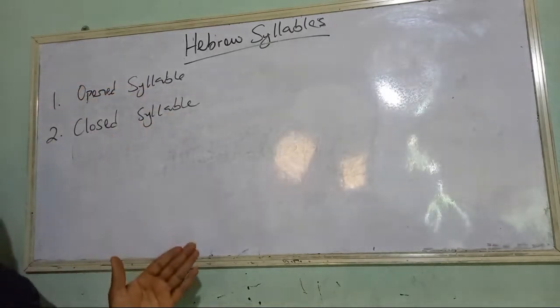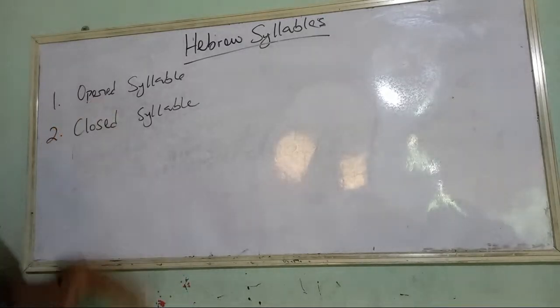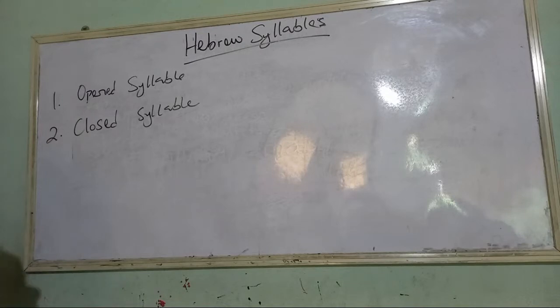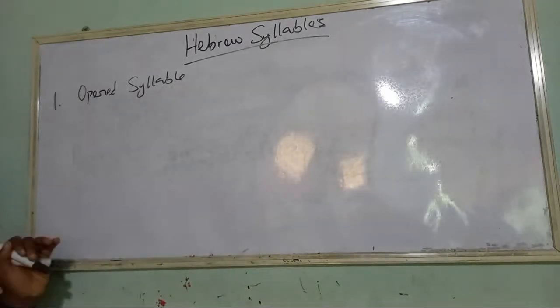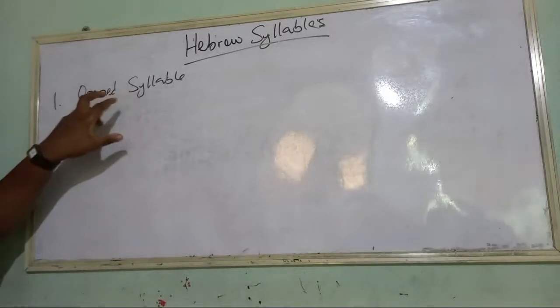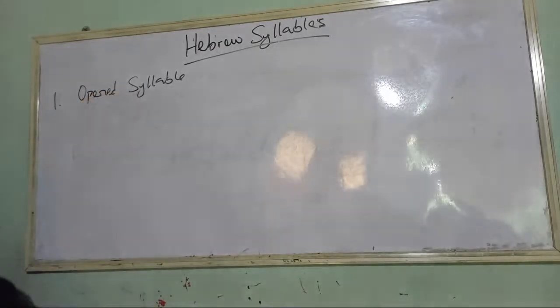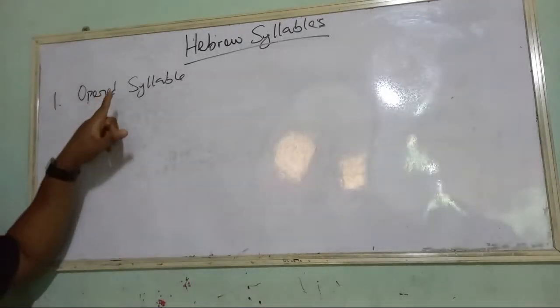Those are the two types of syllables we have in Hebrew. And so the question is, how do I know if a syllable is open or closed? We will be learning some tips on how to know.